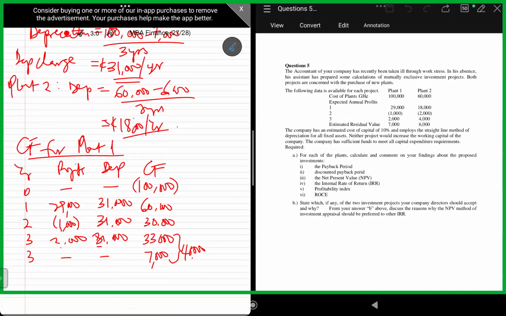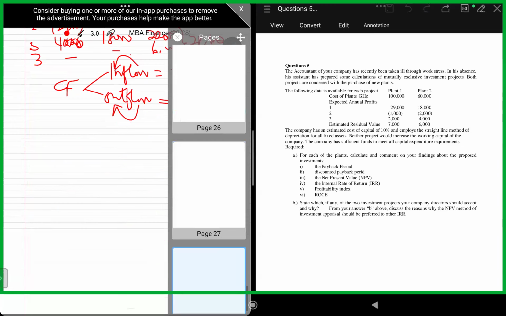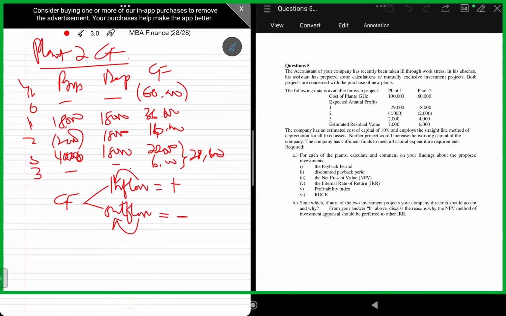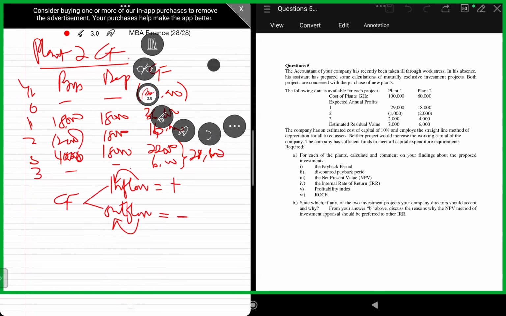It's an outflow. Are we good? Yeah. Okay. So that's it. I believe you've written it down. Yes.